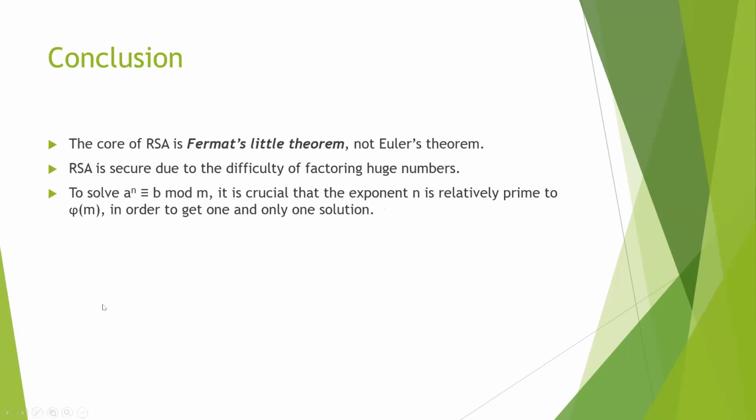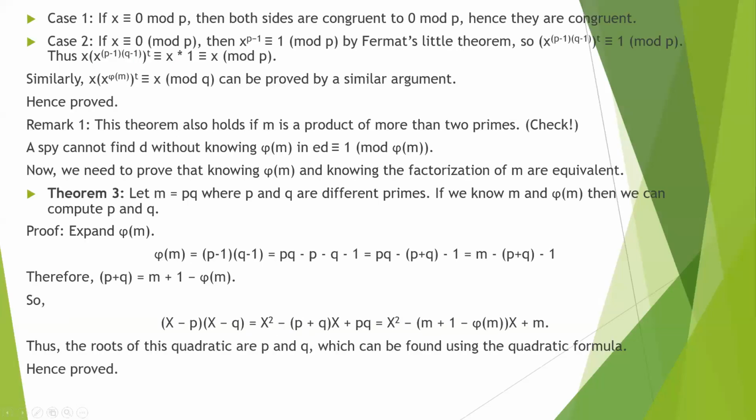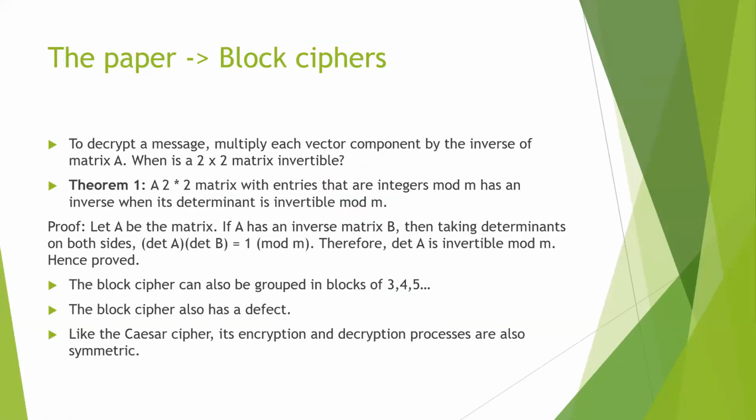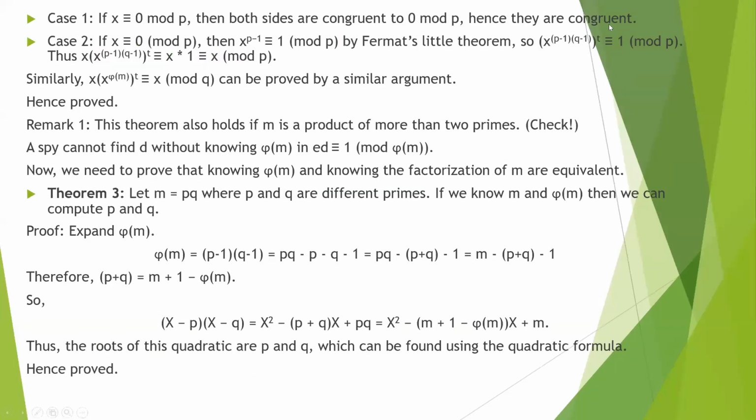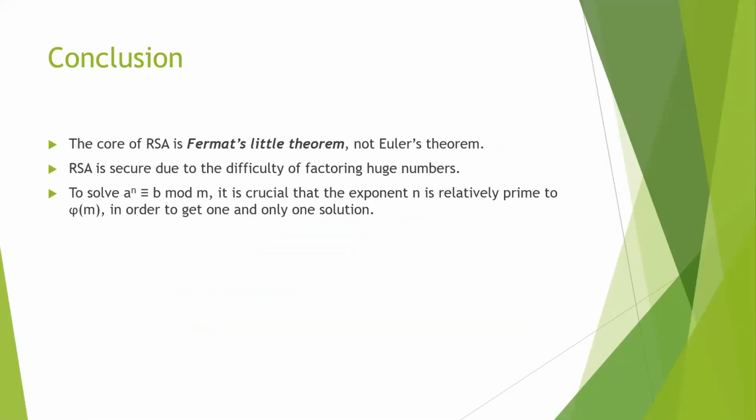Now, finally, in conclusion, the core of RSA is actually Fermat's little theorem, as we saw from theorem 2 right here. We used Fermat's little theorem to handle the general case, even though we only used Euler's theorem. RSA is secure due to the difficulty of factoring huge numbers.